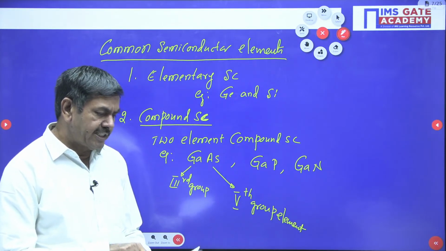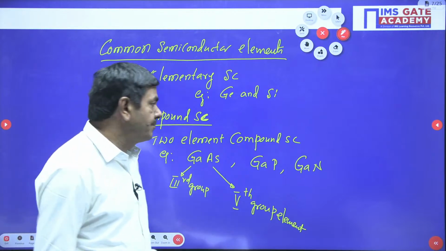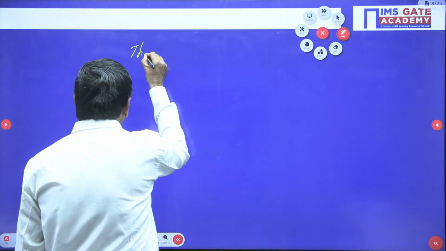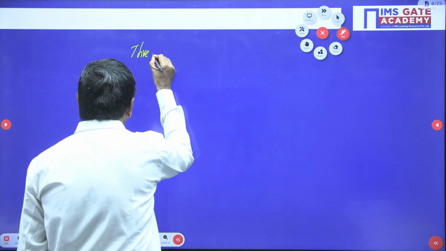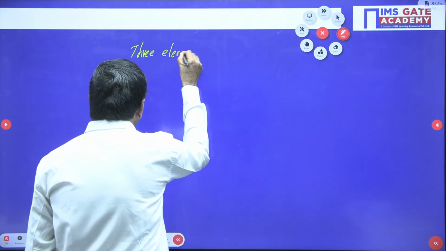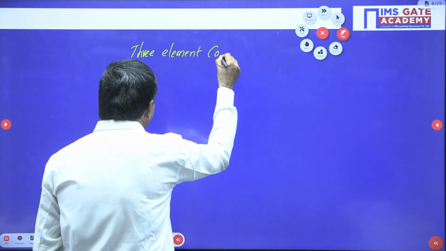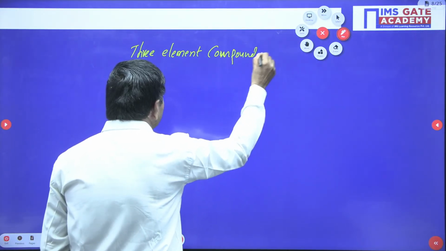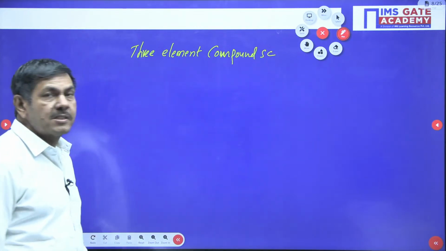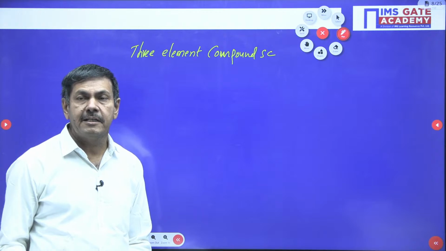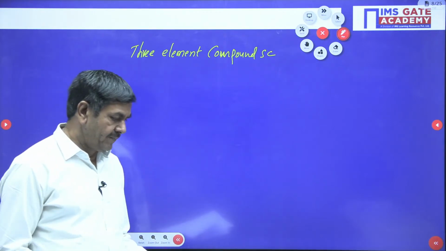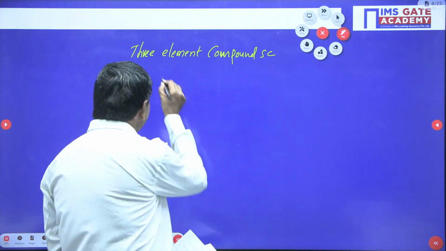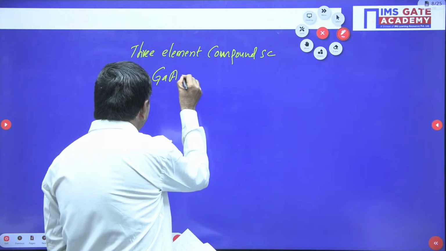Suppose you want to take three element compound semiconductors, that is also possible. Three element compound semiconductor means three different group elements are combined. I will only give examples now: gallium arsenide phosphide.